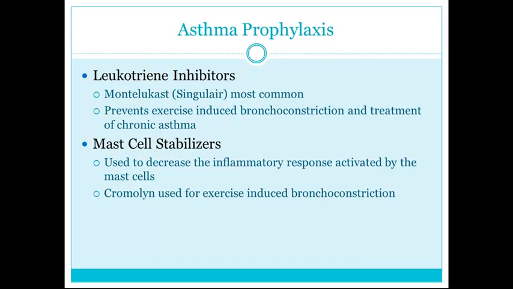Cromolyn, which is an inhaled medication, is used for exercise-induced bronchoconstriction. With these medications, it is important to remind patients that it takes about 2 to 6 weeks to work. So tell your patients to be patient and keep taking the medication consistently.